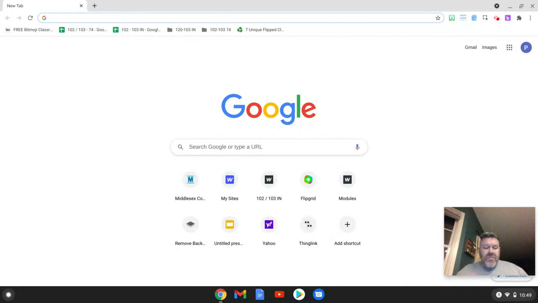So part 1 will be in 102, and I always have to remember which one goes where, right? In 102, we're going to build the header of the website. We're going to use Google Draw to build the header, and I put that in 102 because Google Draw is a teaching tool. We're teaching with technology in 102, and we're using the computer as our means of teaching.